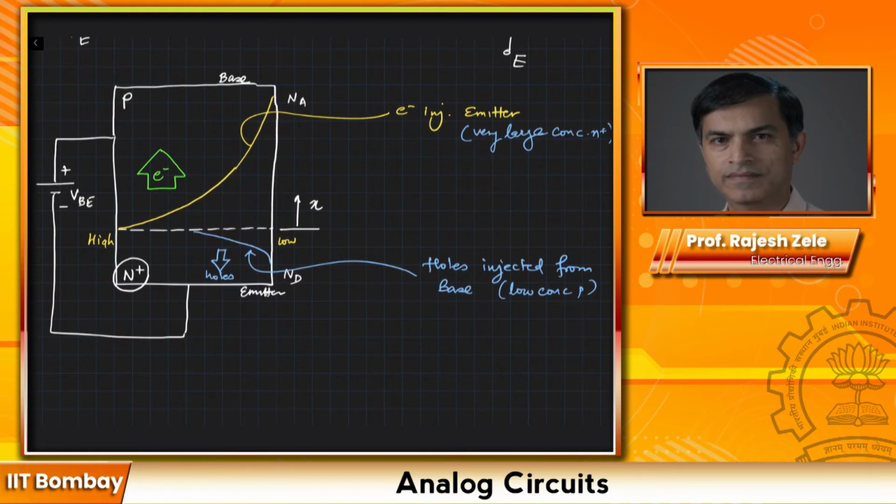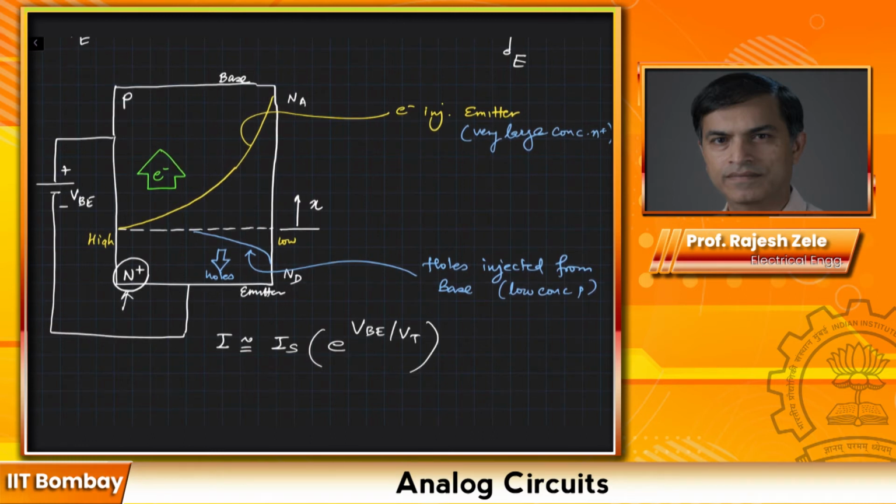Now we will write the equation for the current. The current I is dominated by the electrons in the base region because of the heavy concentration of N plus, and that would be Is exponential V base to emitter by Vt.